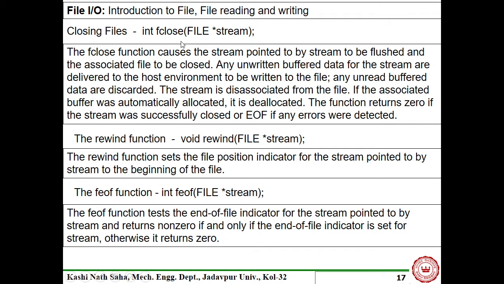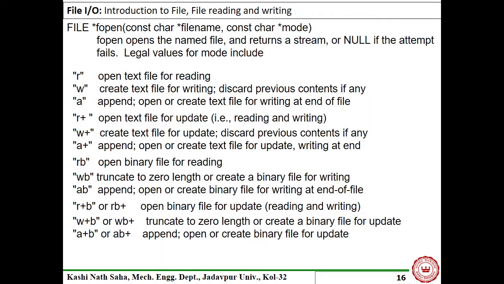This file open and close, where they will open or they will close, right? For example, if we use read, it will open for reading at the very beginning. If it is write, it is create, or if it is already there, it will open that file and it will place the marker at the very beginning.